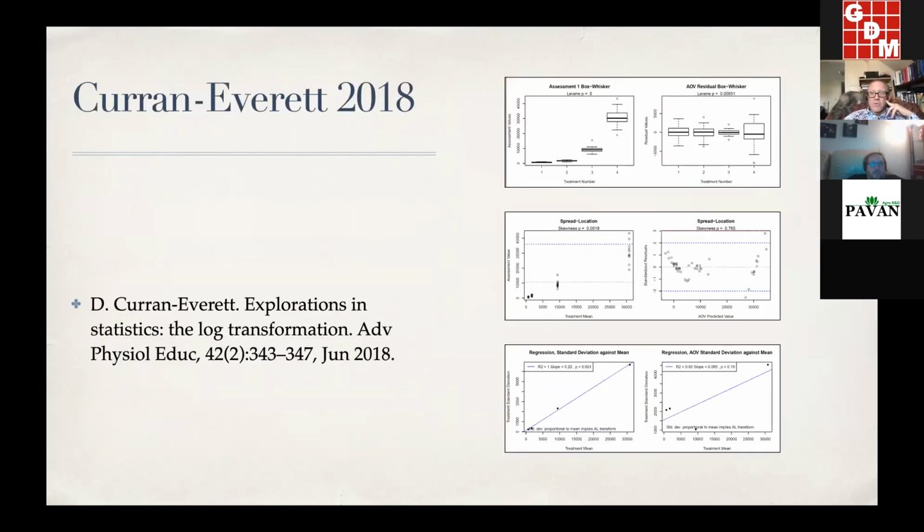And Cochran and Cox is a nice reference that I found on log transformations, showing how the log transformation is useful when the spread location plot shows a heterogeneity of variance associated with the treatment mean or the predicted mean. And again, the relationship between those two.